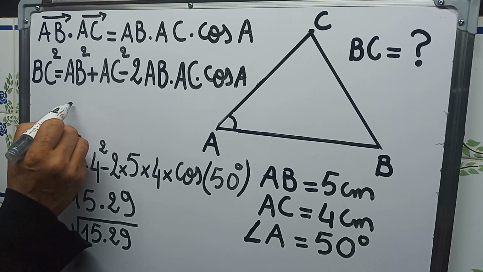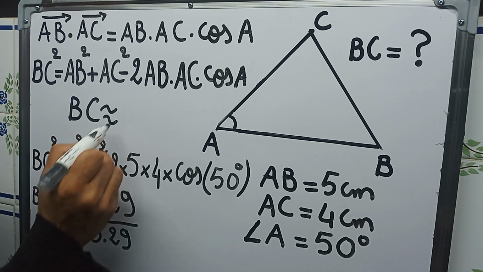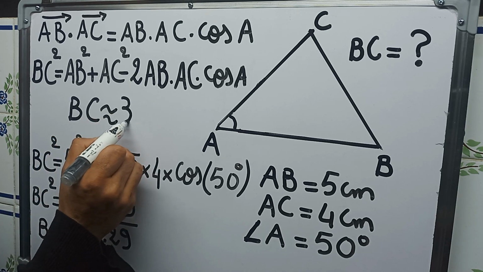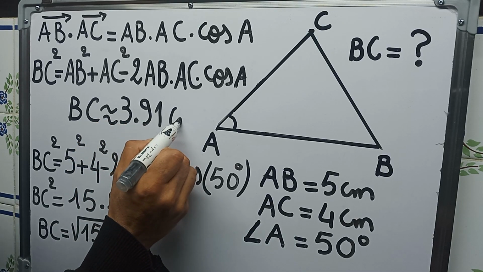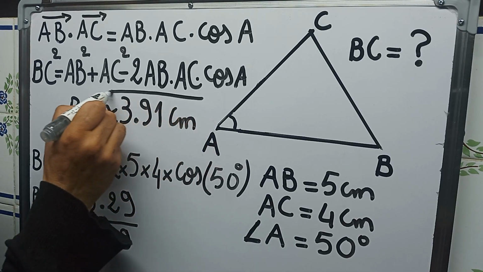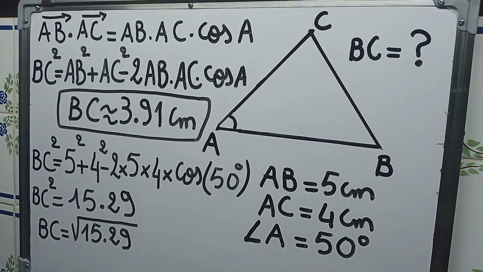So BC is approximately 3.91 centimeters. And this, of course, concludes our problem.